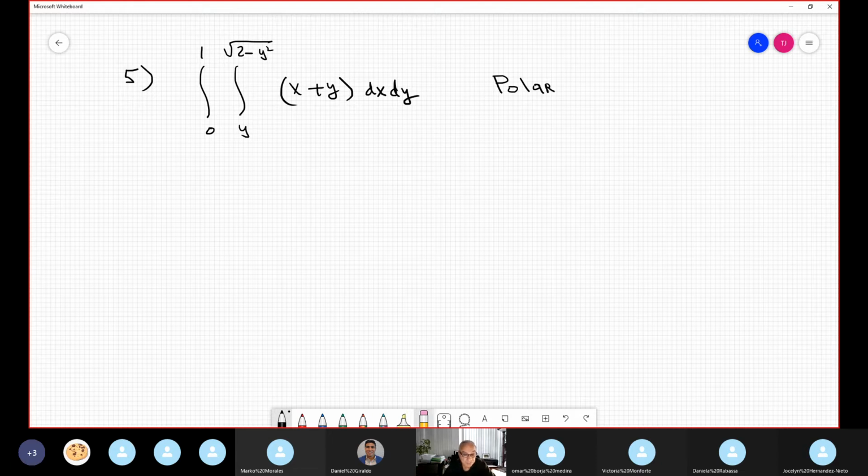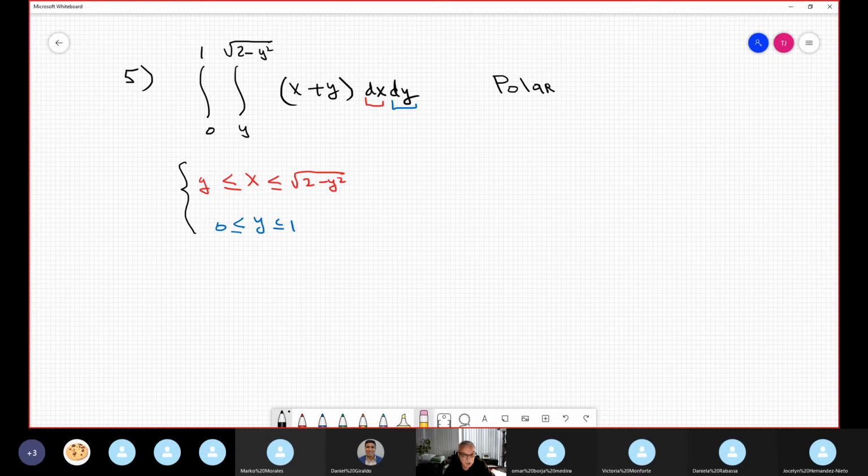Okay, let me try one more time. The order is dx. First, let x go from y to square root of 2 minus y squared, and y, sorry, goes from 0 to 1. Now with this information, using our imagination, of course, I try to understand the region.